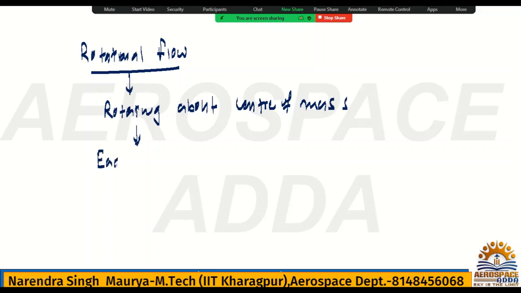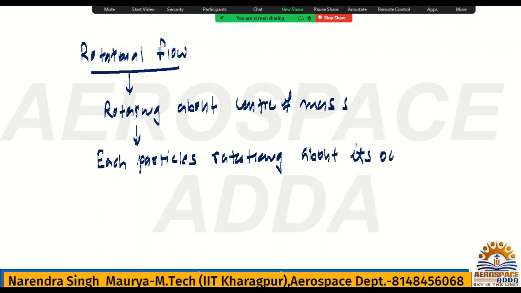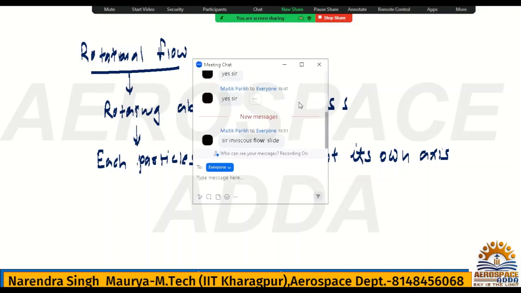Each particle is rotating about its own axis; that is called rotational flow.